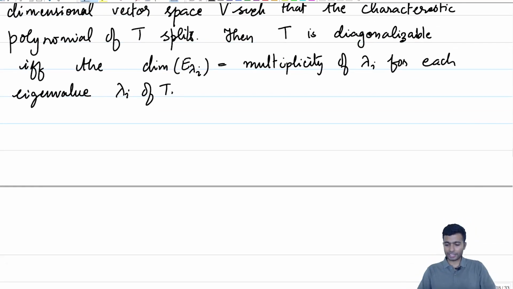It says that if T is diagonalizable, then the dimension is the same, and if the dimensions are equal, then T is diagonalizable. So let us prove both the directions.